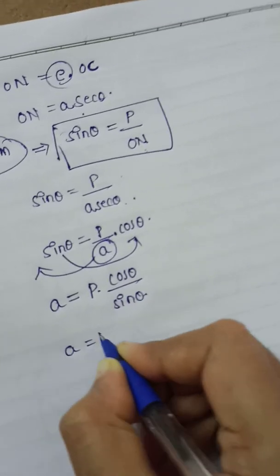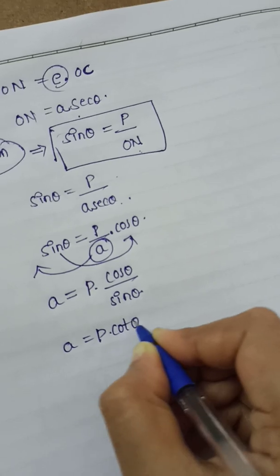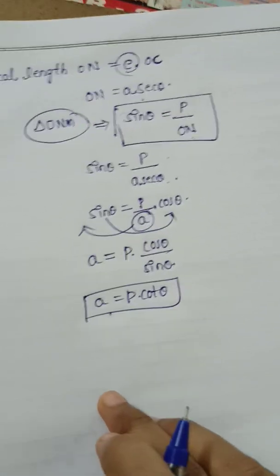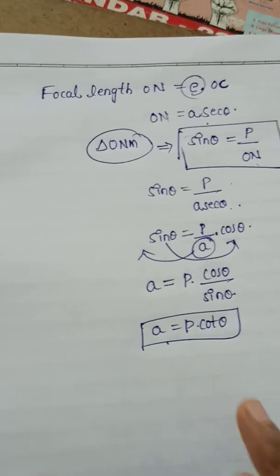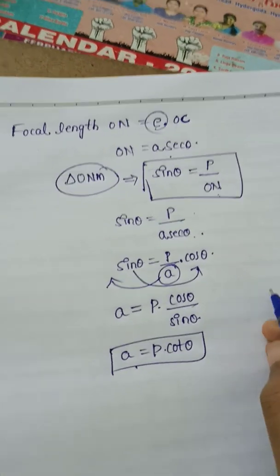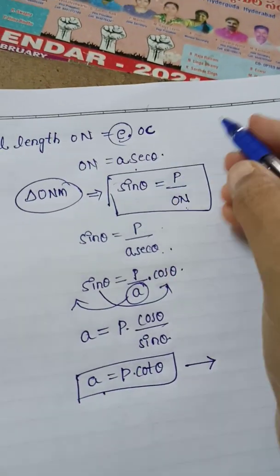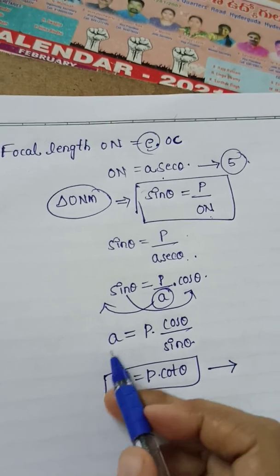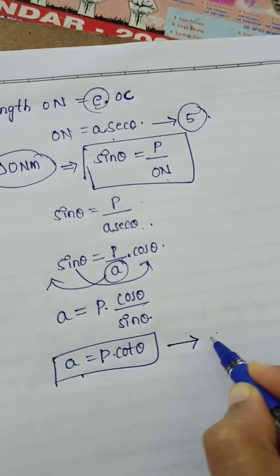So a is equal to p cot theta. This is the value of a. I am writing the equation numbers: ON is equal to a sec theta is equation number 5, and the next one is equation number 6.